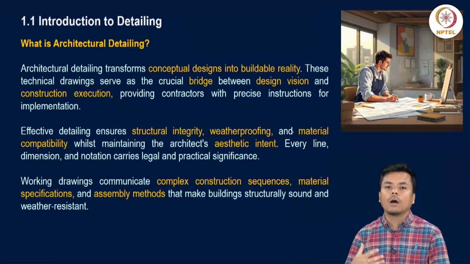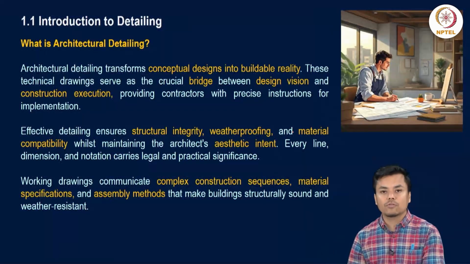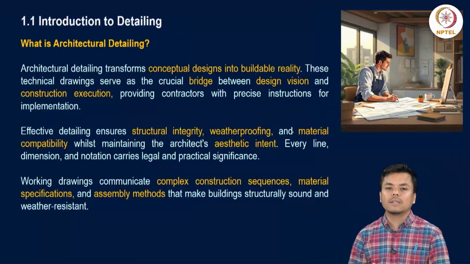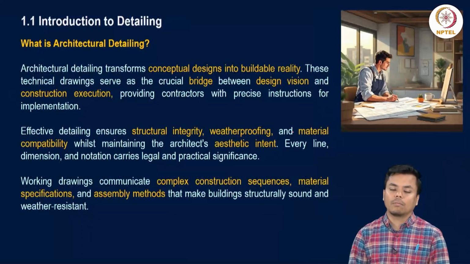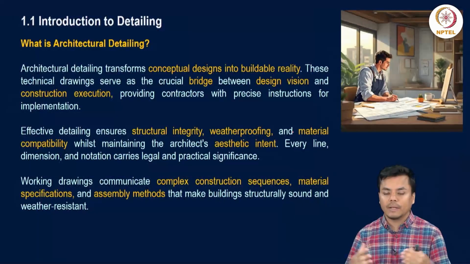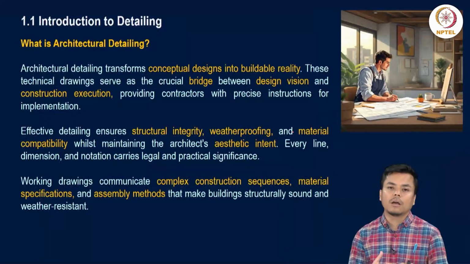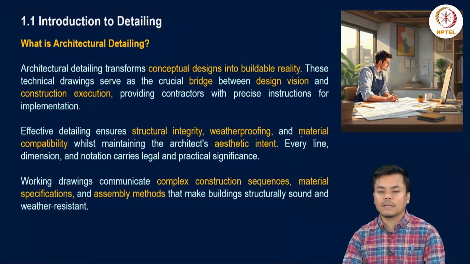You have to go to a much larger scale, like 1:1 or even 1:5 and 1:10. This type of scale helps visualize the actual material, the actual dimension of the construction, and enhances the clarity in the mind of the contractor or the site engineer.